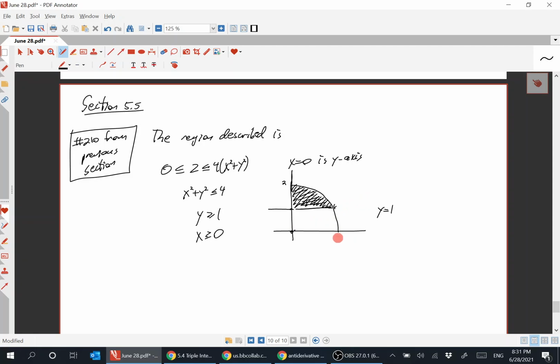What is the angle here? Where this is the point, actually, maybe it's not quite so bad. This is the point y equals 1.